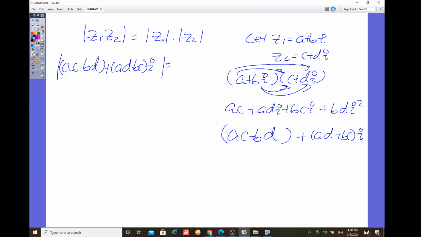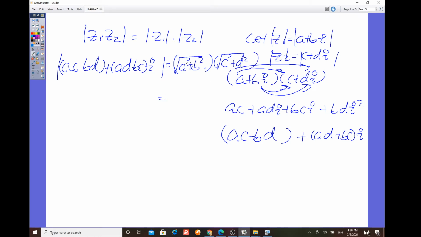So now let's find the magnitude of Z1. Basically this is just like using the Pythagorean Theorem. So that one is the square root of A squared plus B squared. And then Z2, that'd be the Pythagorean Theorem with C squared plus D squared. Okay, so multiply those two radicals.